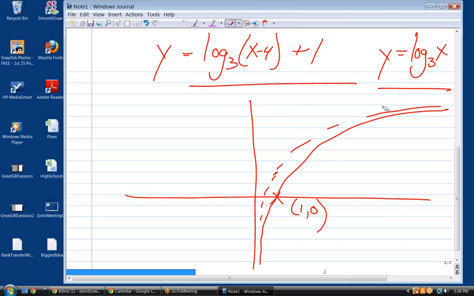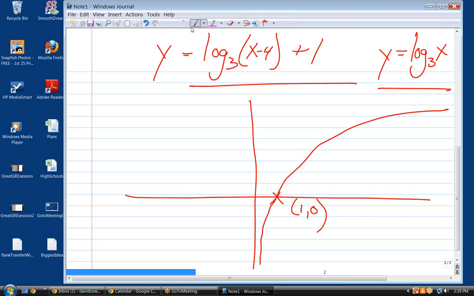Okay? All right. Well, I'm doing 2 things to it. I'm going to move it up 1 to there, but this minus 4 inside the argument does what? It shifts it to the right 4.